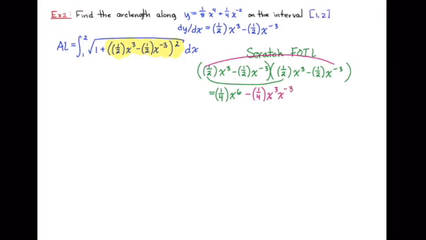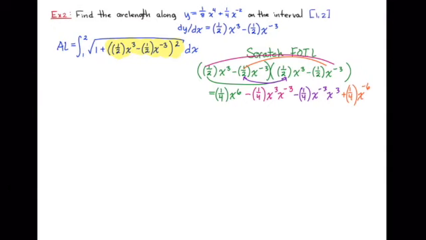The inner terms, we have -1/2 times +1/2, which gives us -1/4, x to the -3 times x cubed. For the last terms, we have -1/2 times -1/2, which is +1/4 x to the -6.